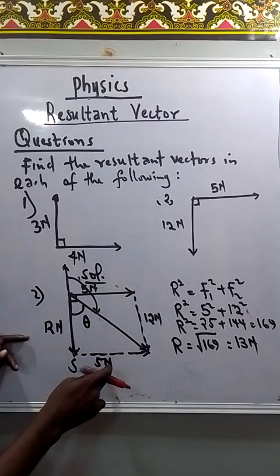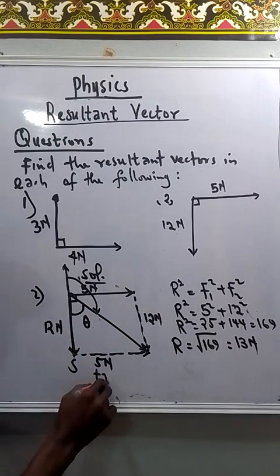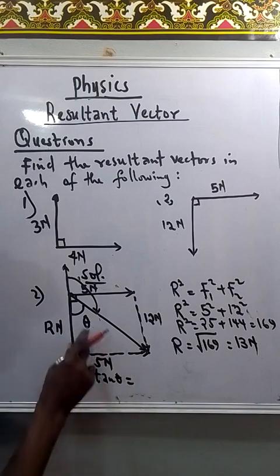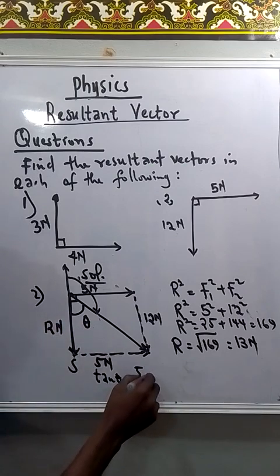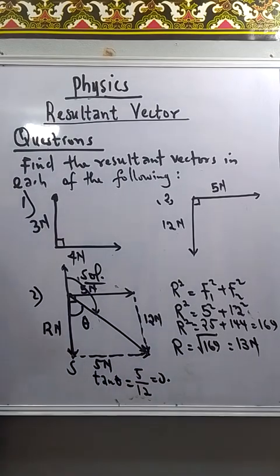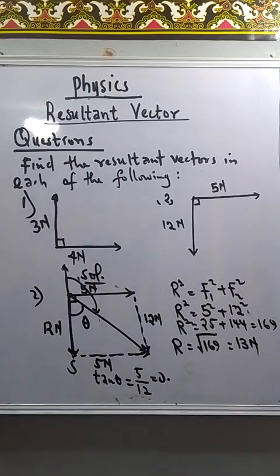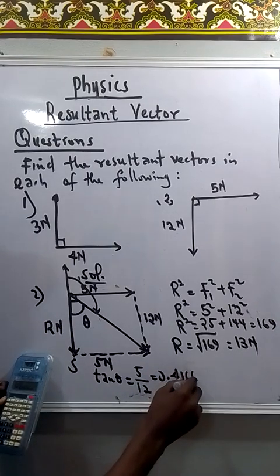This is opposite over adjacent. Let's use tan. So tan of theta will be equal to opposite, which is 5, all over adjacent, 12. So 5 over 12 will give me 0.4166. Let's punch our calculator for that. 5 divided by 12 is 0.41666 and so on.